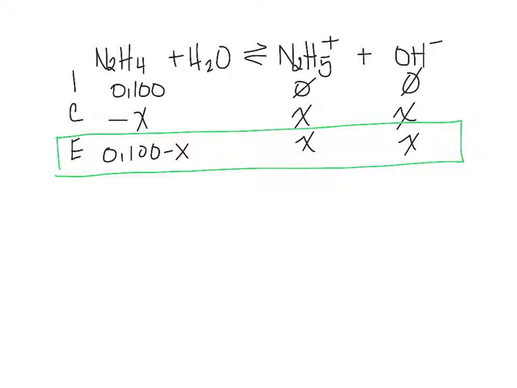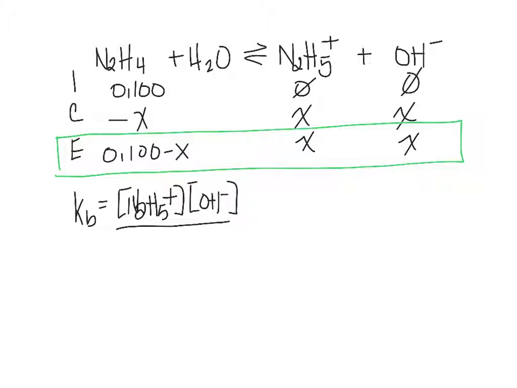So, set up a Kb. N2H5 plus, OH minus, over N2H4. It gives you a Kb value, so you substitute that in.